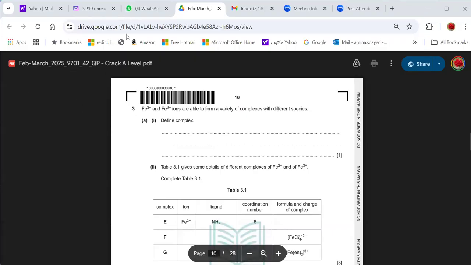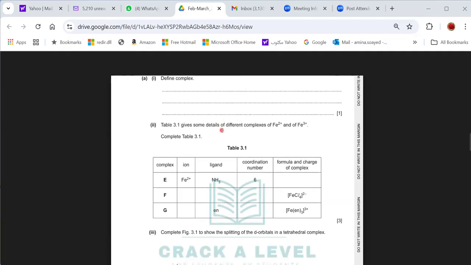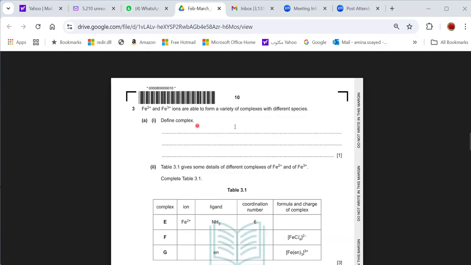Now, number 3 says iron plus 2 and iron plus 3 ions are able to form a variety of complexes with different species. Define the complex.